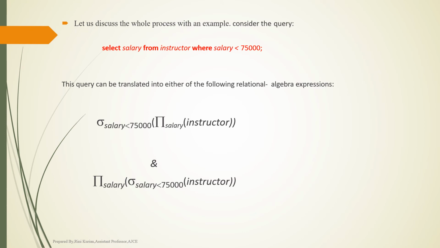Let us discuss the whole process with an example. Consider the query: select salary from instructor where salary less than 75,000. This query can be translated into either of the following relational algebra expressions.